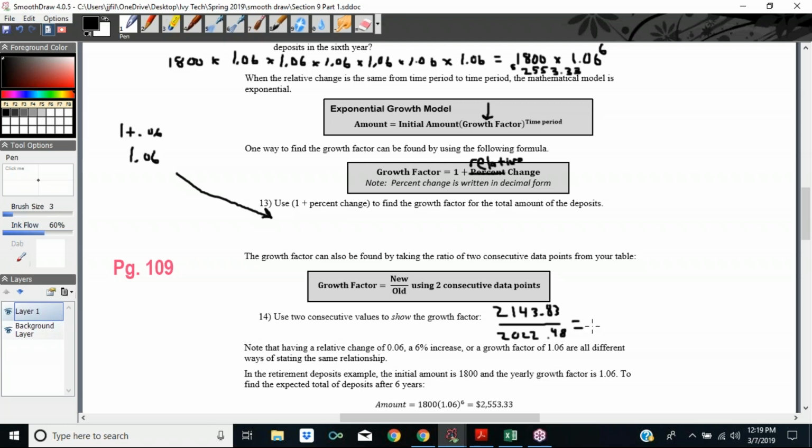And if we divide these, we should get 1.06. We do. So 2 different ways to find the growth factor. We can do 1 plus the relative change, or we can take 2 consecutive values and divide them, the newer one divided by the older one.